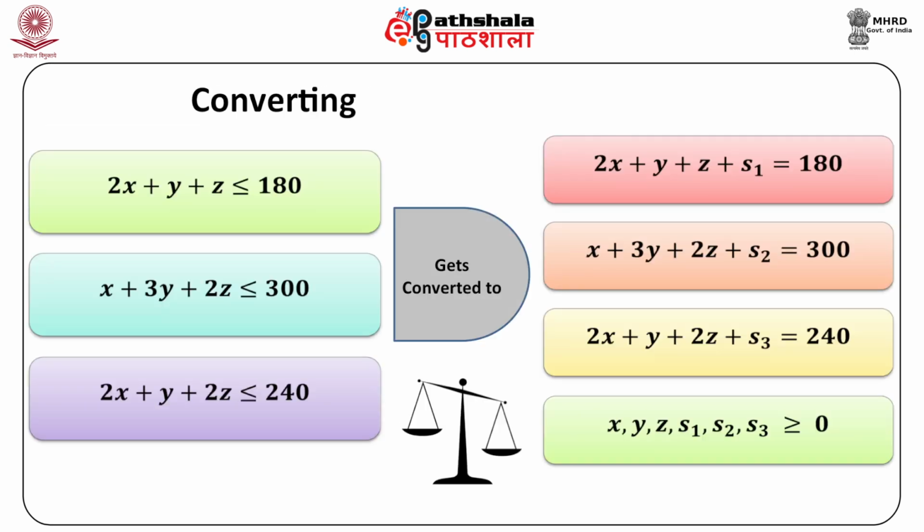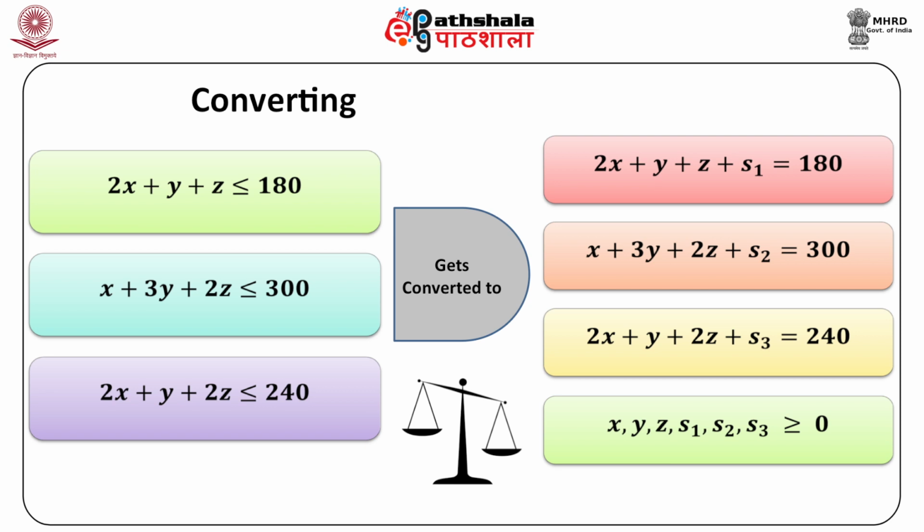Example, in order to take up the slack between the left and the right sides of the constraints, let us introduce the slack variables s1, s2 and s3 which are greater than or equal to 0, such that the structural constraints will be converted into the following equations. 2x plus y plus z plus s1 is equal to 180. x plus 3y plus 2z plus s2 is equal to 300.